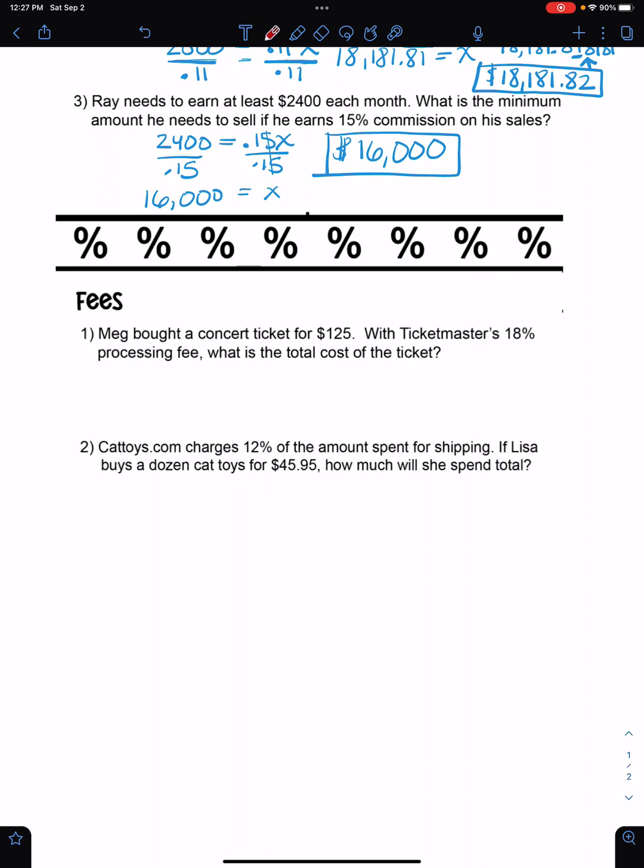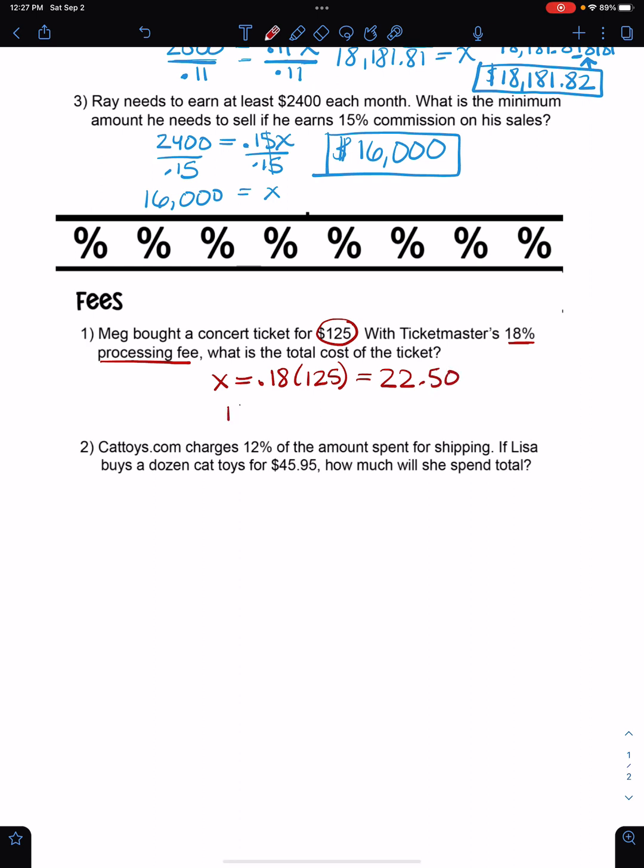But for this problem's sake, we're just going to talk about one measly processing fee of 18%. So the ticket is not going to be $125. It's going to be $125 plus 18% of $125. First we want to know, what is 18% of $125? This is what Ticketmaster is going to charge and keep for themselves on top of the ticket price. And we get 22.5, which we know is $22.50.